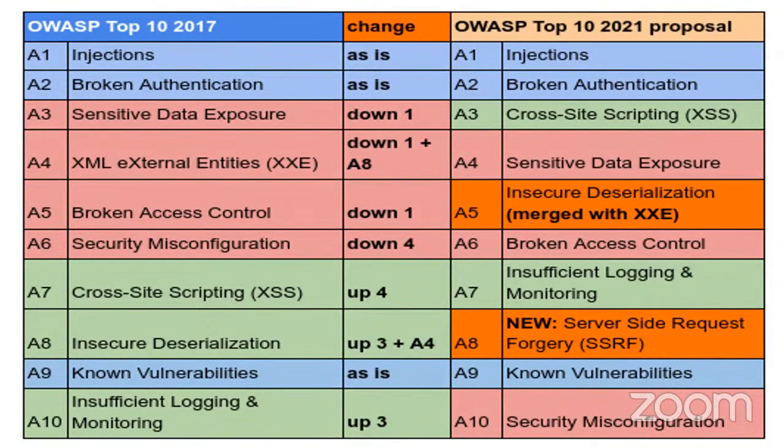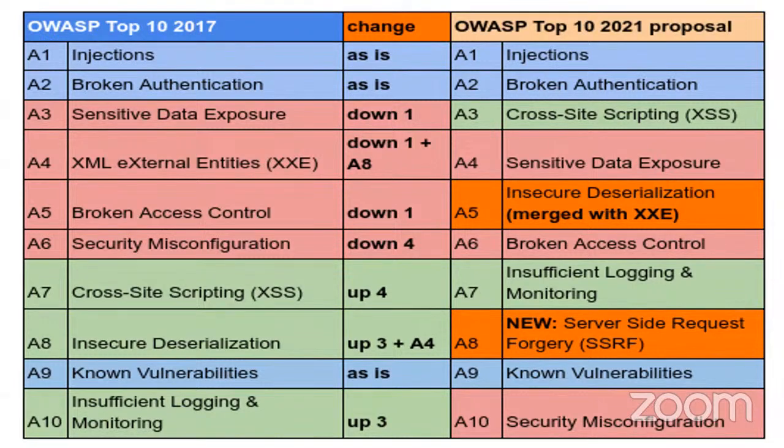The next one is insecure deserialization, then broken access control, insufficient logging and monitoring. The new one they have given is server-side request forgery. And the next ones are known vulnerabilities and security misconfiguration.